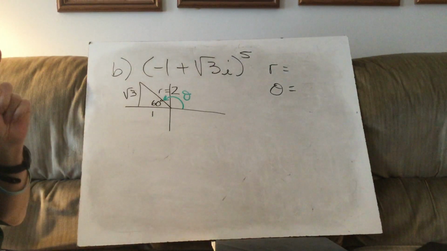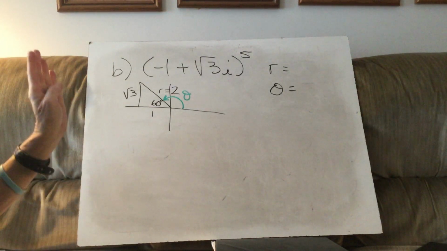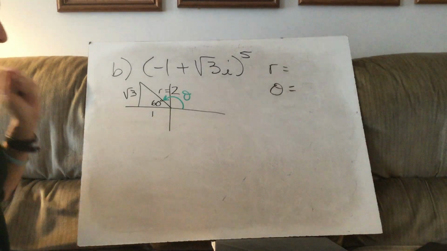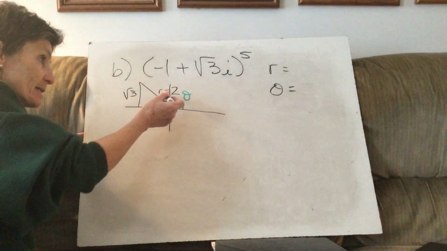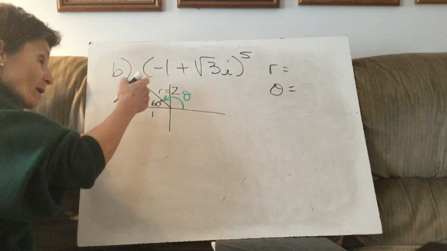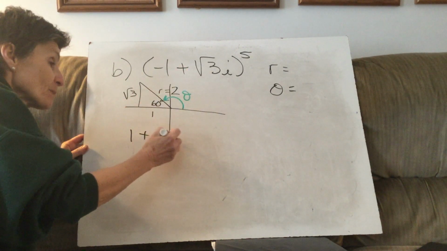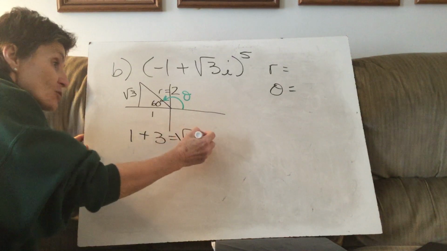Now, if you know that, then you just go with it. Do not think you have to show a bunch of work. If you're not sure where all that came from, then remember, to get r, we square the first one, we square the second one, we add them together and take the square root.